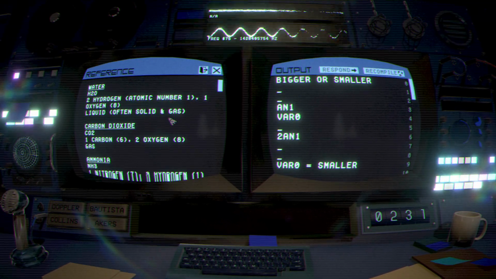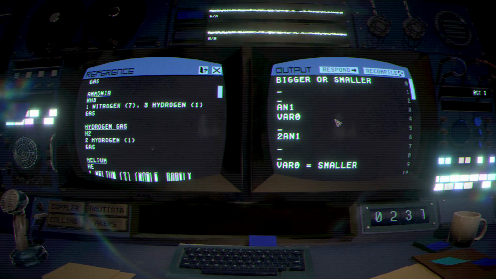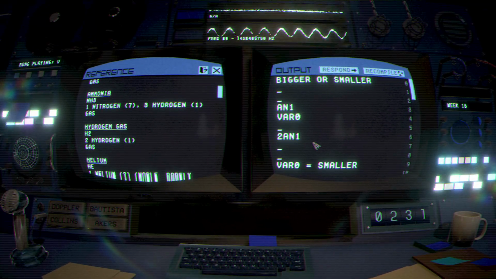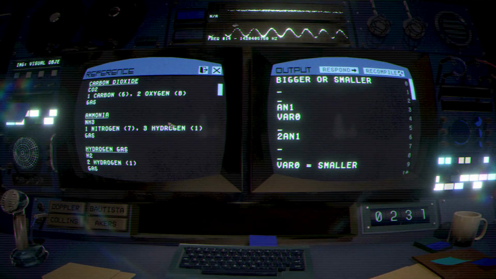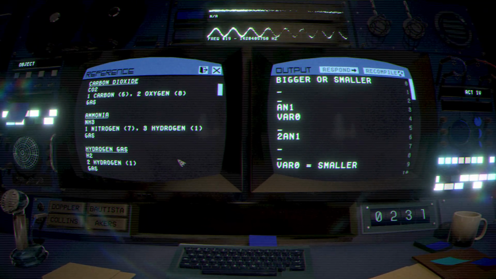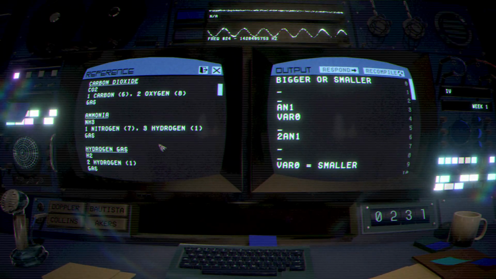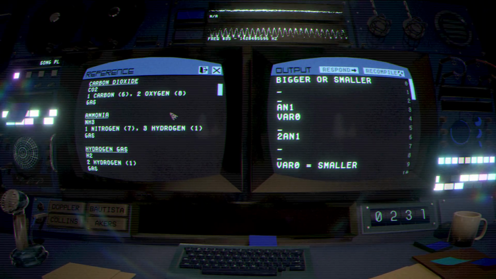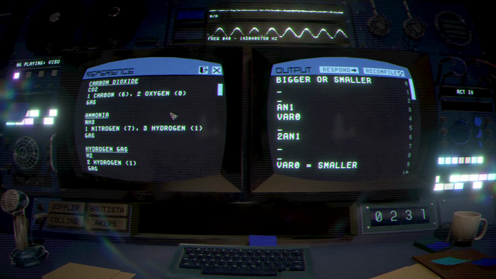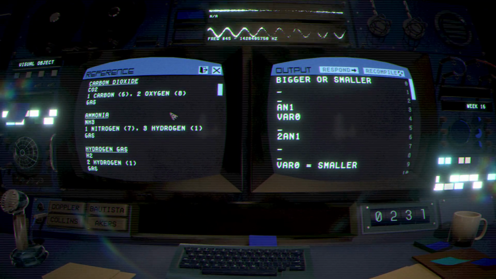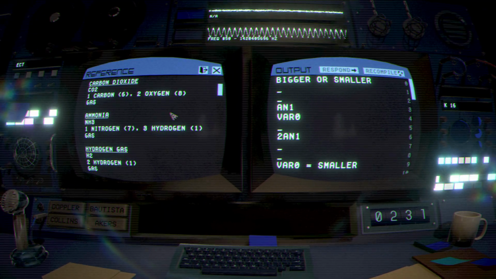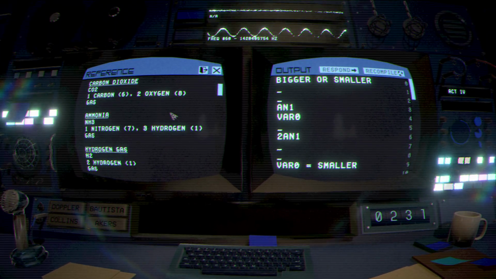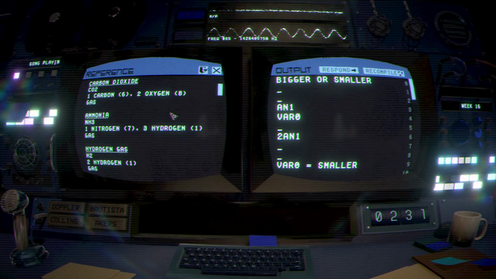Okay, wait a minute. Bigger or smaller? Smaller. What is smaller? Variable 1 is smaller. Variable 0 is smaller. Hmm. Alright, well listen, I don't want to waste a bunch of time for you guys.